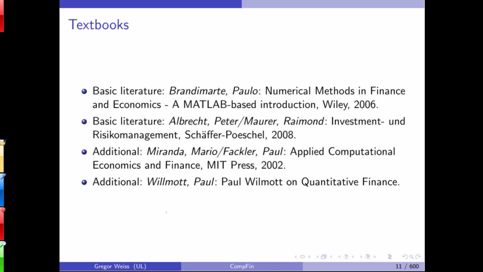Textbooks. Most of the lecture is still based on this book by Paolo Brandimarte, Numerical Methods in Finance and Economics, a MATLAB-based introduction. Also, it's based in part on the previous version of the Albrecht Maurer textbook on investment and risk management. There are some additional books, like Applied Computational Economics and Finance, and here you will see how the definitions of computational finance differ.